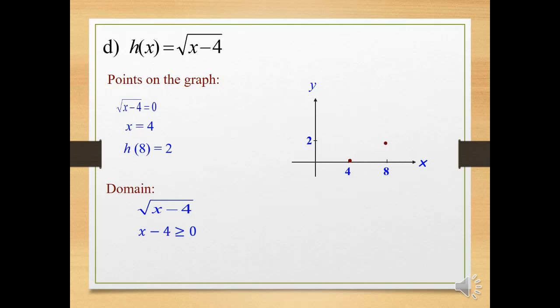And the second point that we calculated just now, when x equals 8, y equals 2. Now we connect these two points as the graph of the third function. From the graph, the domain is 4 to positive infinity, and the range is from 0 to positive infinity.